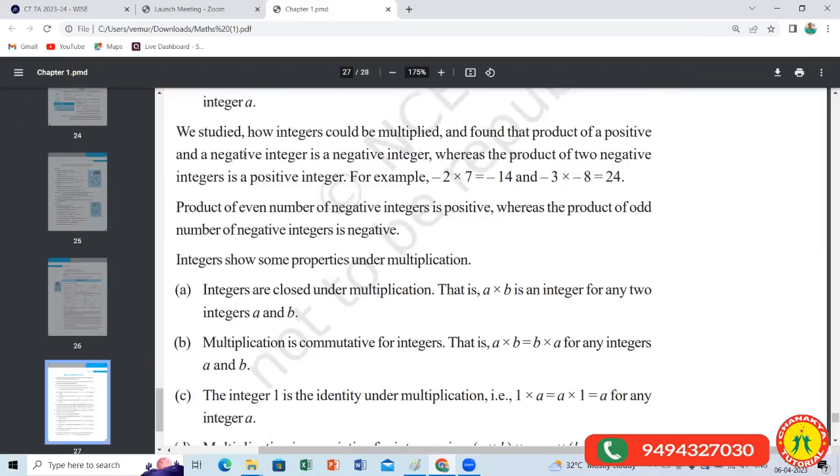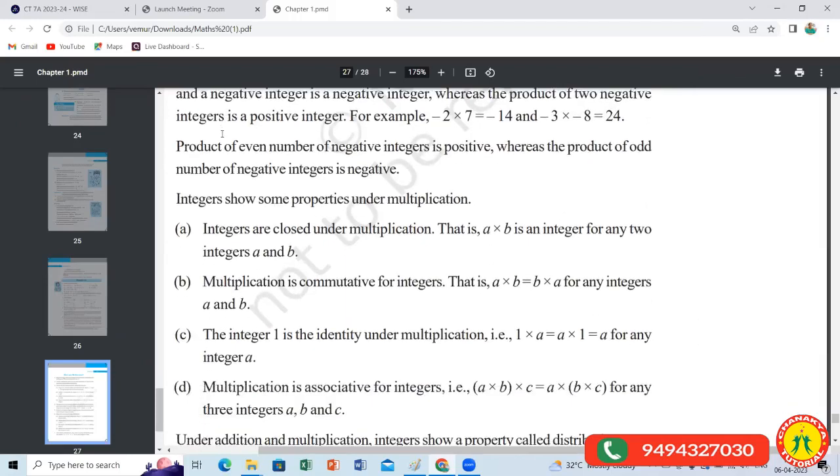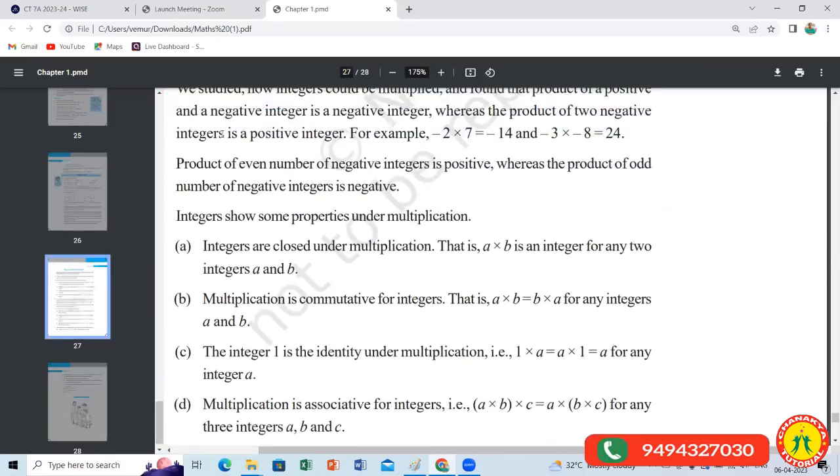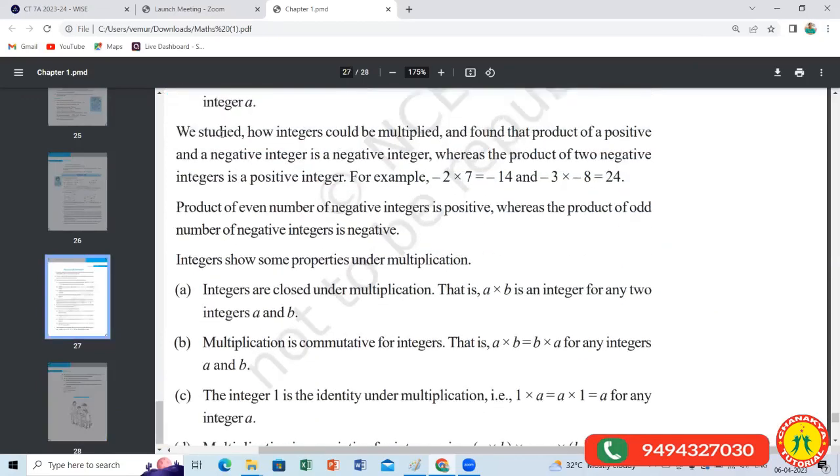Anubhav, come on. Please conclude the rest of the points. Yes, ma'am. Varshit, listen carefully to whether he is doing it right. Ma'am, we studied how integers could be multiplied and found that the product of a positive and a negative integer is a negative integer, whereas the product of two negative integers is a positive integer.